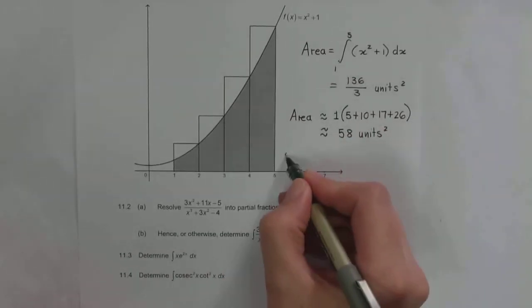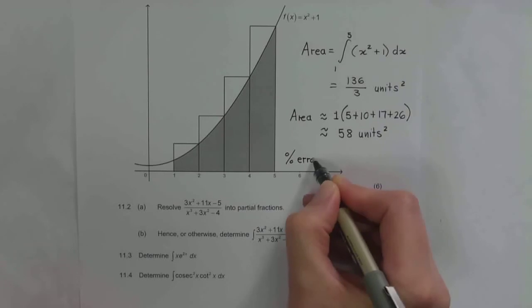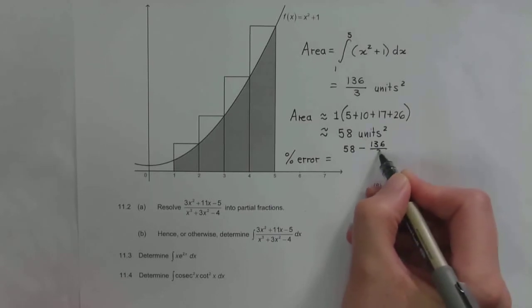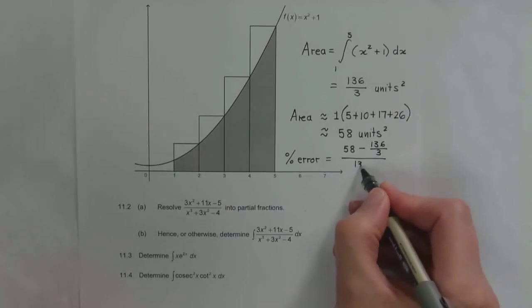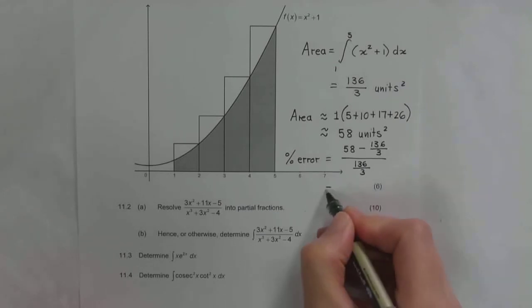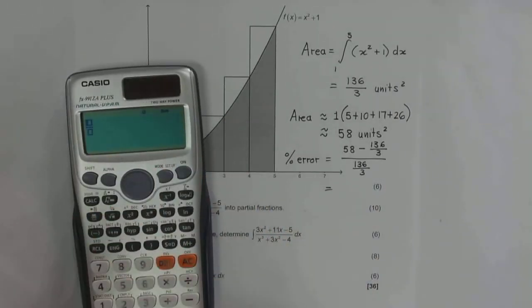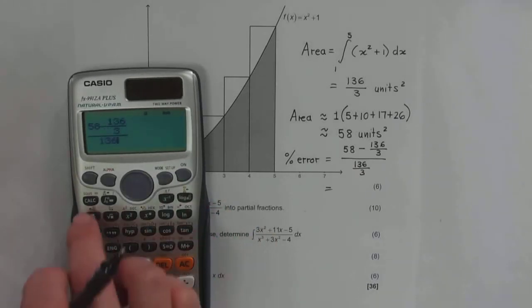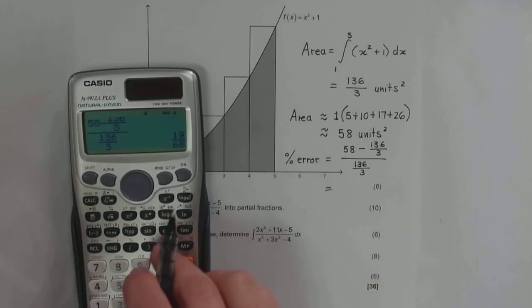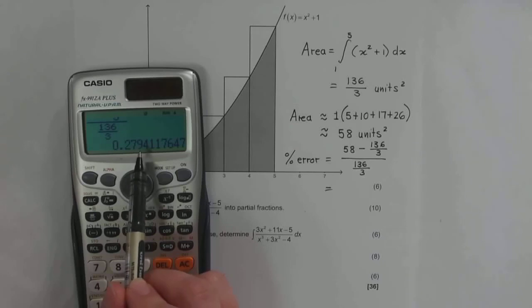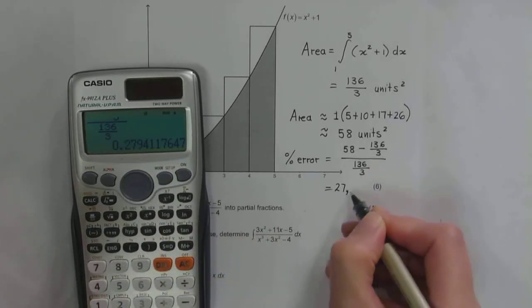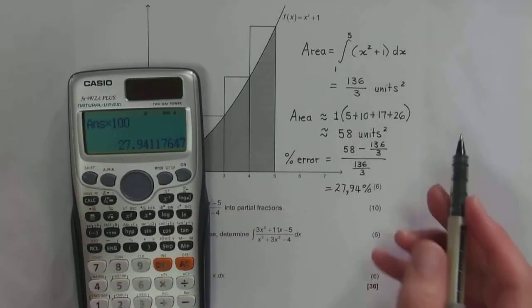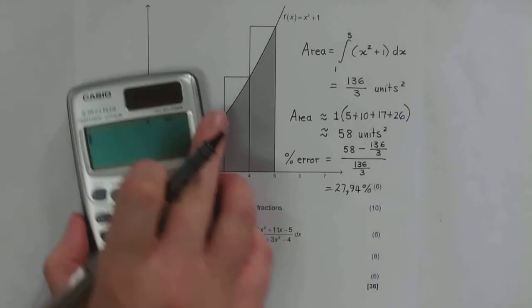So my percentage error is equal to 58 minus 136 over 3, divided by what it should have been, 136 over 3. And that gives me 27.94%. You could multiply it by 100 if you want, just to get the percentage, but it's an error of 27.94% on this particular question.